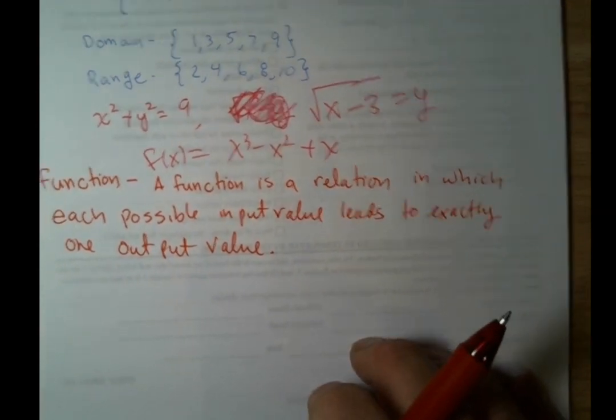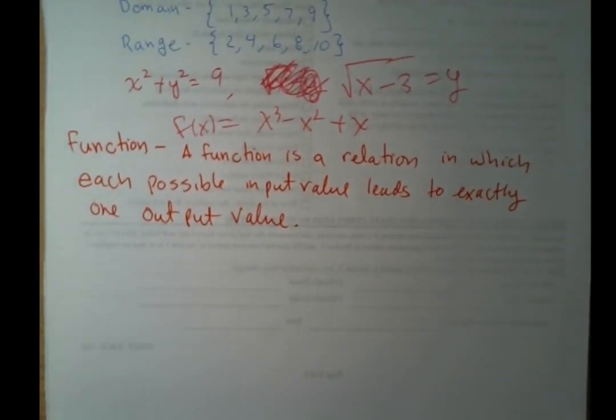Sometimes we say that the output is a function of the input. We give the function some input value, it does some calculations, and out we get the output value.